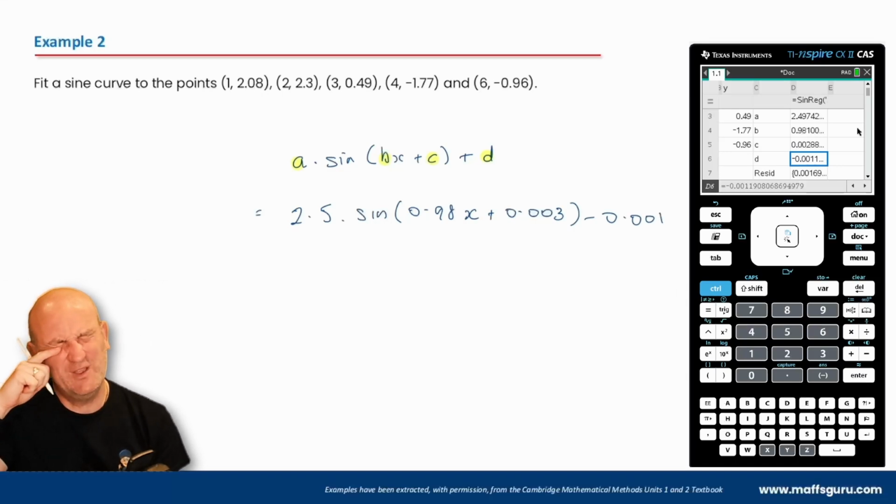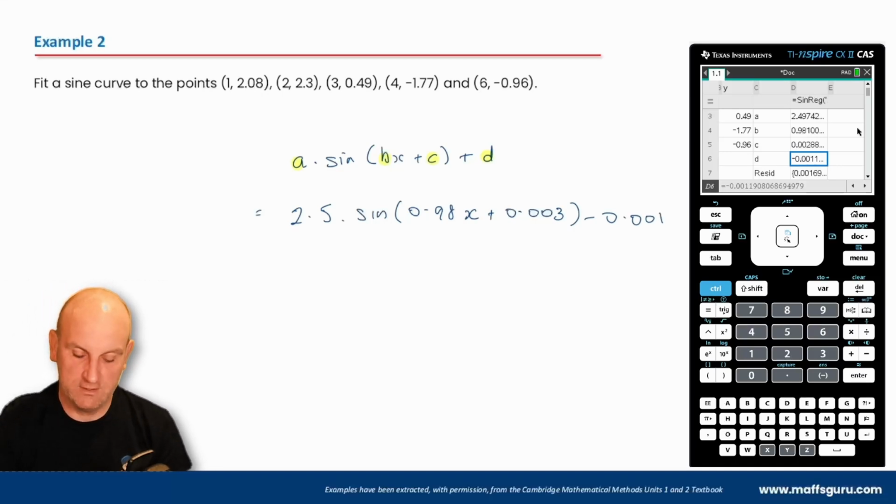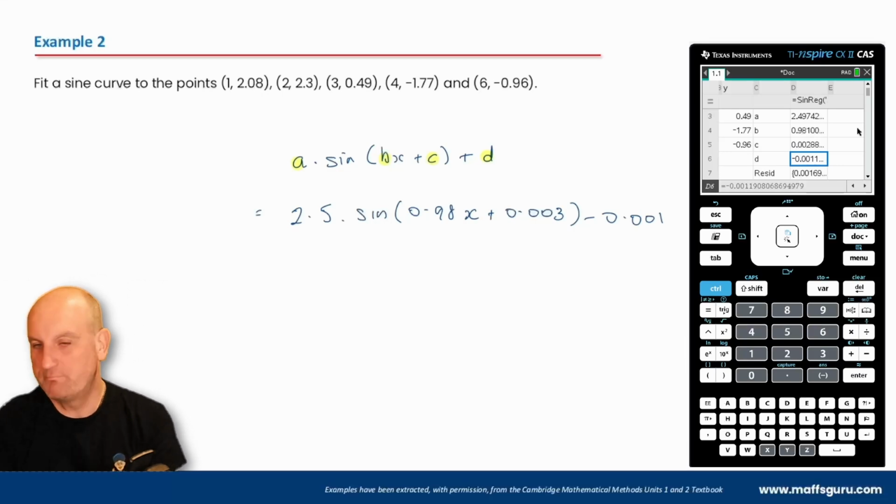Now, to be honest with you, because this is an approximation, I'm pretty sure that this really is 0, and that there is probably 0 as well, and that should probably be 1. So for those points, you're probably looking at 2.5 times the sine of X, but at the moment, we're just going to follow the question through.